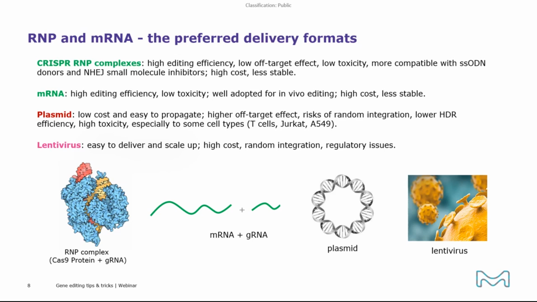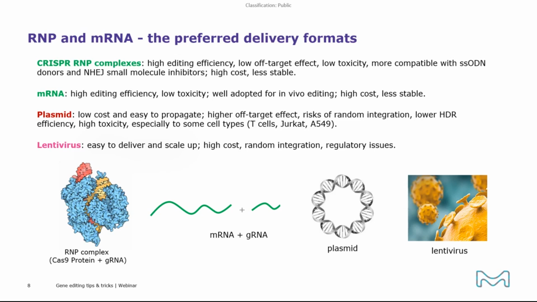For most gene editing applications, we recommend using RNP complexes or mRNA because they have no risk of random integration in the genome. They can help to reduce off-target effects, especially RNP complexes, and they are less likely to cause damage to cells in electroporation.